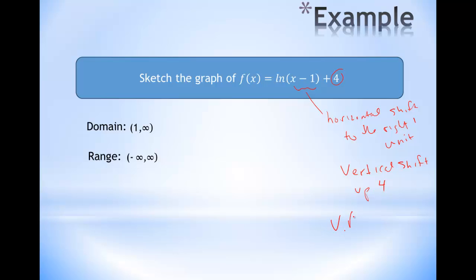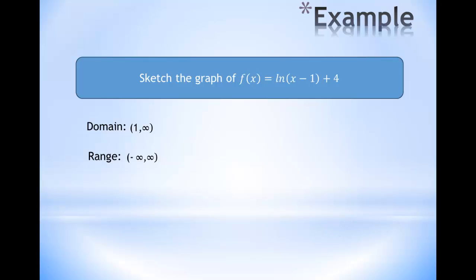Instead of x equals 0, it is now going to be the line x equals 1. The other thing I want to point out is how do I find the x-intercept now? That's going to be different than before, and I can do that by setting the function equal to 0. That's not too bad, so let's do that quickly.